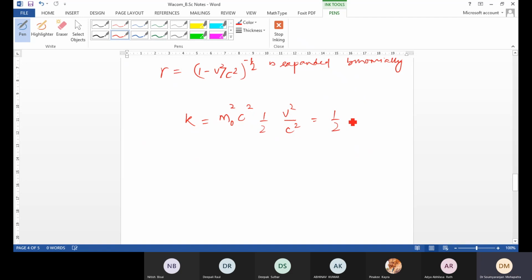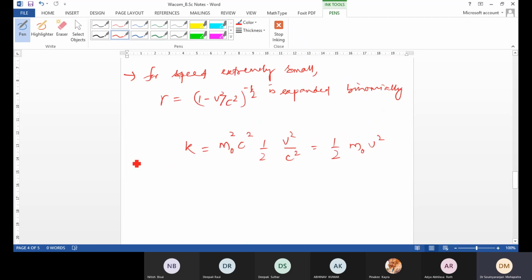This is equal to half m naught v square. In this condition, remember that v square by c square is much less than 1.